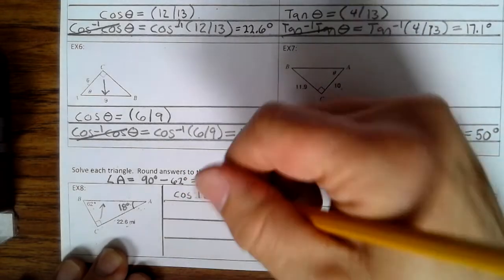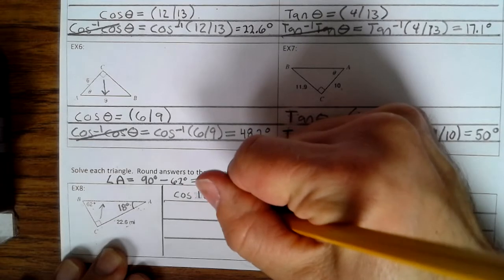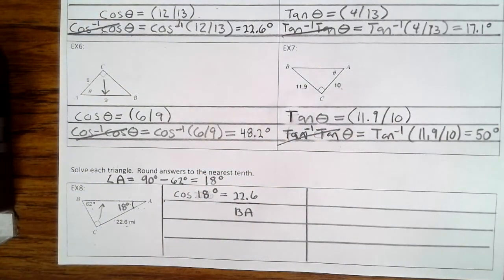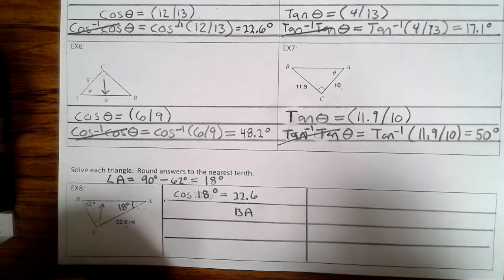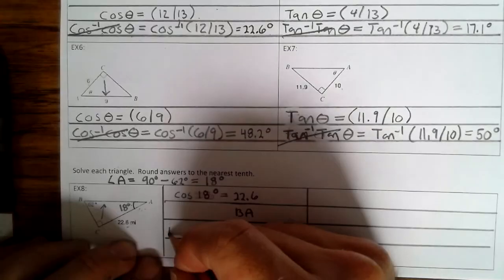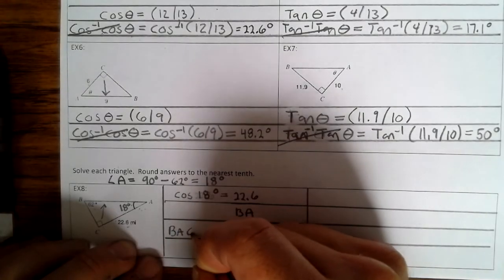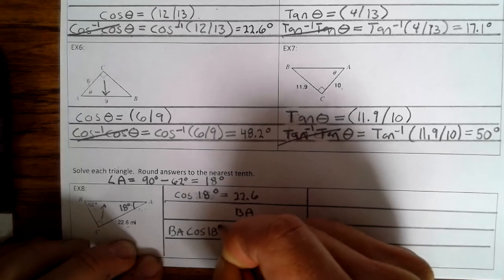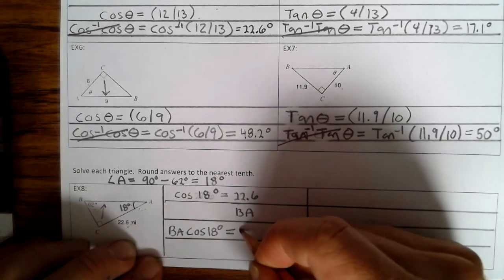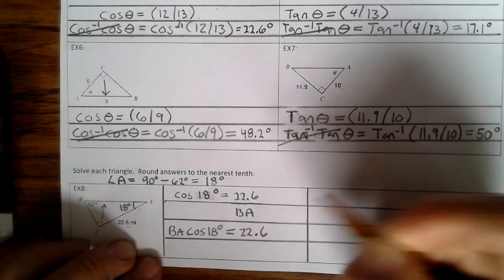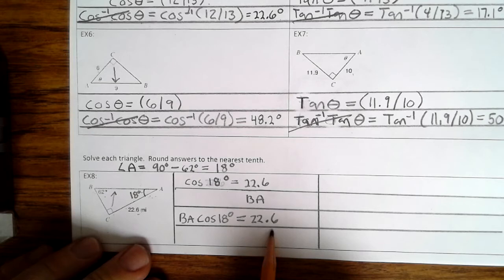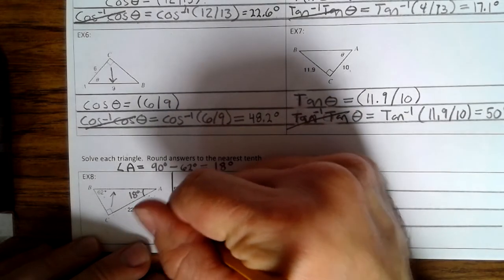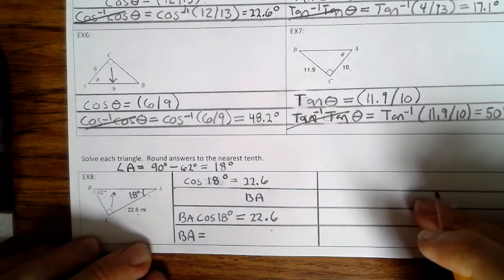Okay, so cross multiply, so that's BA times cosine of 18 degrees is equal to 22.6. Divide both sides by cosine of 18. So BA equals 22.6 divided by cosine of 18 degrees.